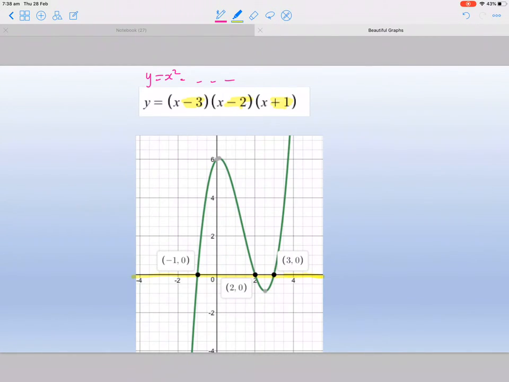Well, there's one at -1. Oh, that's the opposite of +1. There's another one at +2. Oh, that's the opposite of -2. And there's another one at 3. Oh, that's the opposite of -3.